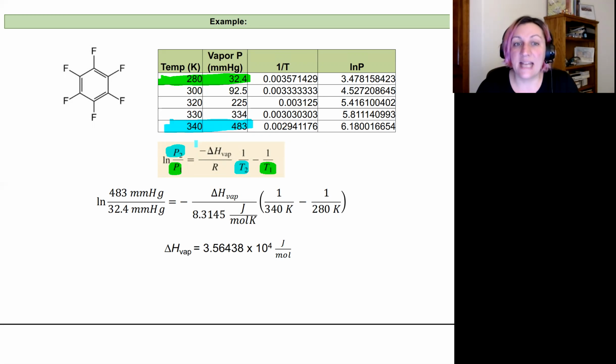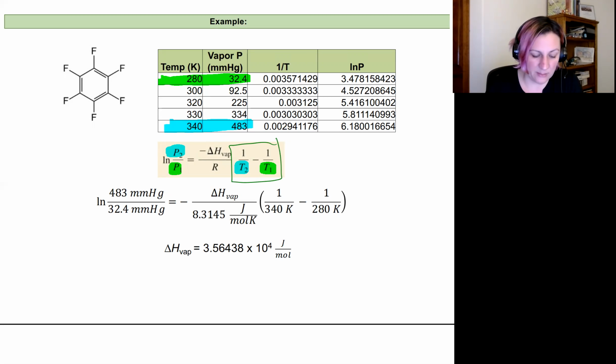We'll take the natural log of those two pressures, and then divide that by 1 over T2 minus 1 over T1, and then multiply by negative R and get our enthalpy of vaporization that way.